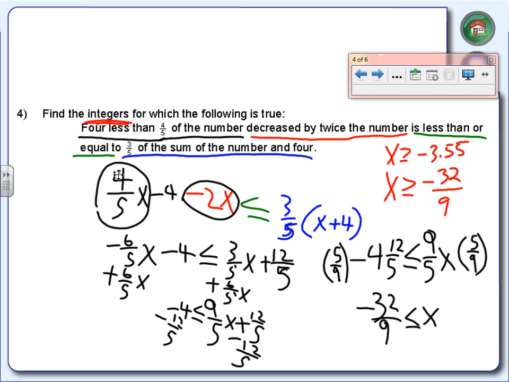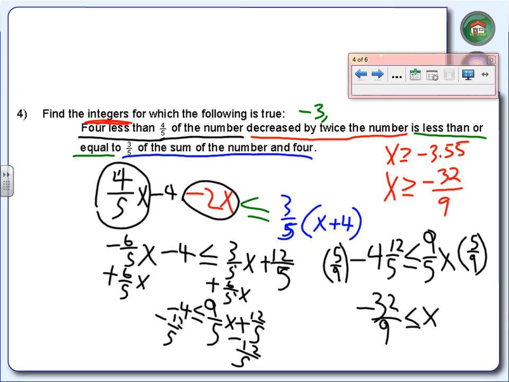So in our case, the first integer that is greater than or equal to negative 3.555 would be, anybody know the first integer? Not negative 4. Negative 4 is smaller than that. Negative 3 is our first integer that is greater than negative 3.55.